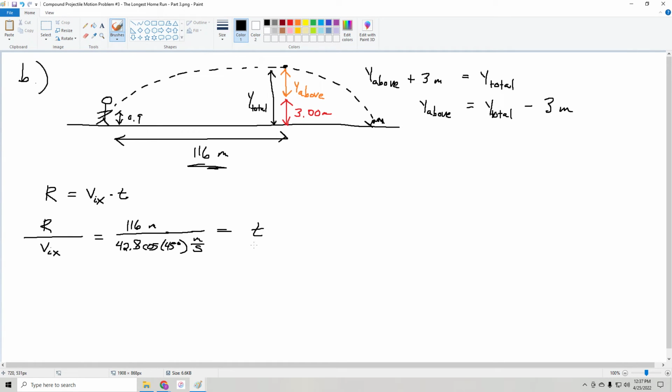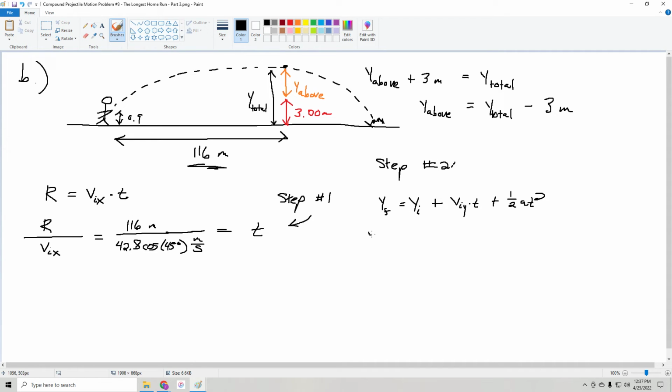Now that we know the time, like I said, this was kind of like step one. Now, step two, we want to plug this time into this equation here, which we've seen quite a few times: the initial y times t plus 1/2 a t squared. It's very familiar at this point. y final is y total.